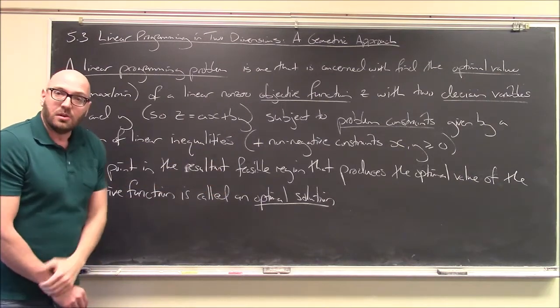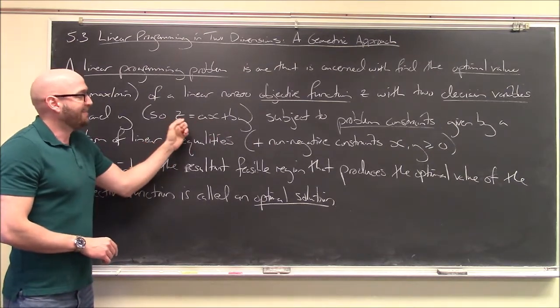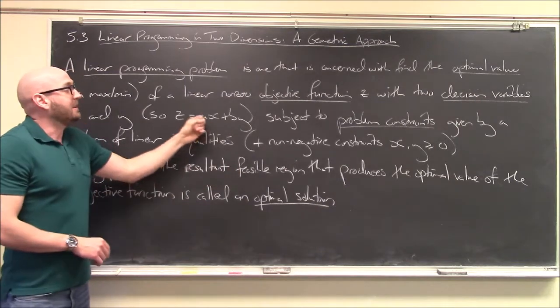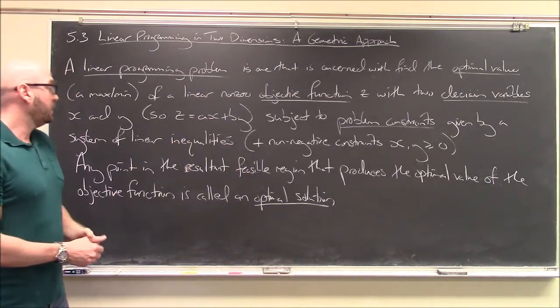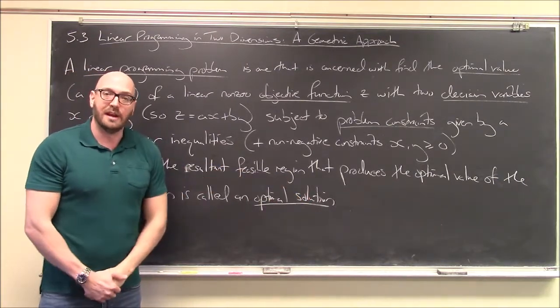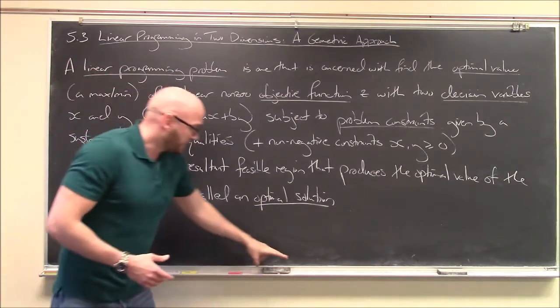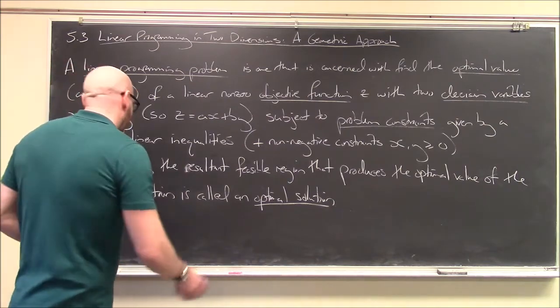And the question is, what point in that feasible region makes this function as big as possible? And what point in that feasible region makes this function as small as possible? They don't always exist, but if they do, we call those points optimal solutions to the linear programming problem at hand. And I think the best way to explain this further is just to start going through examples. So we'll proceed with that.